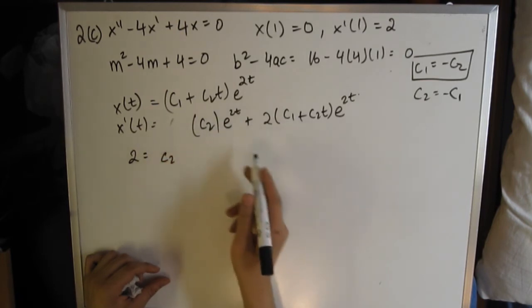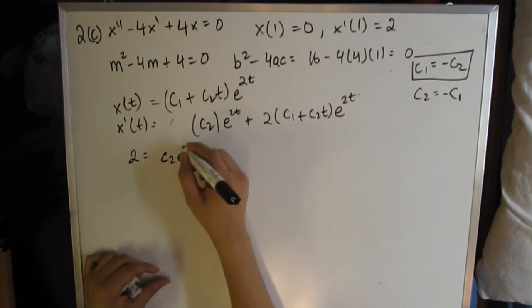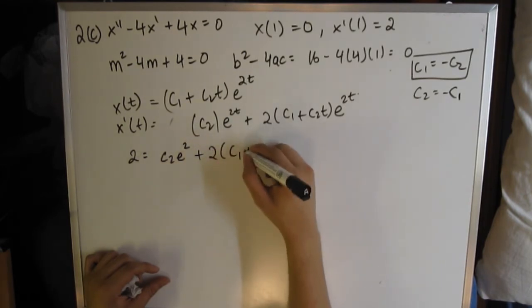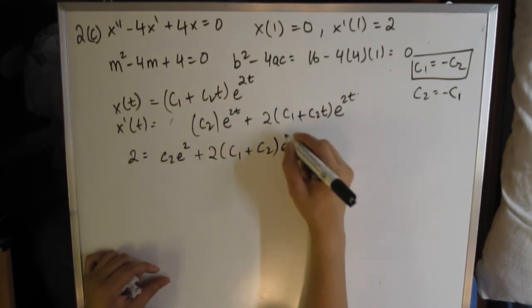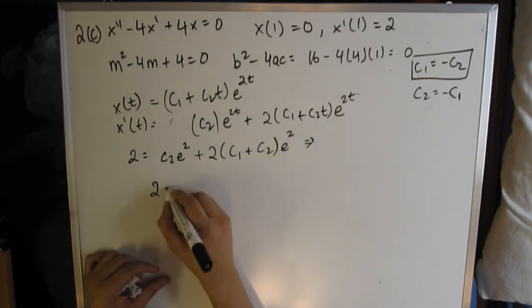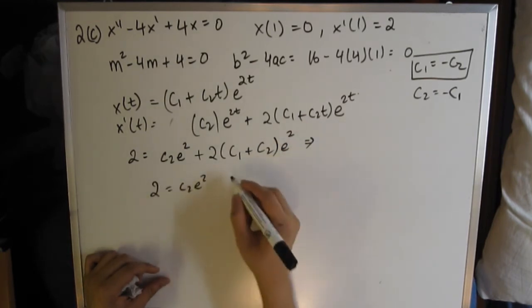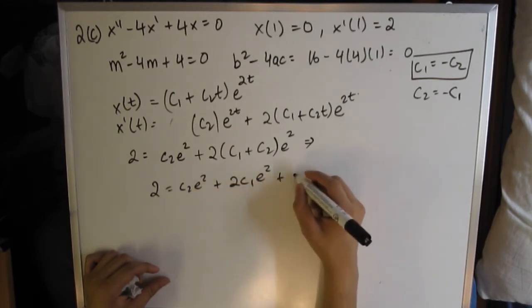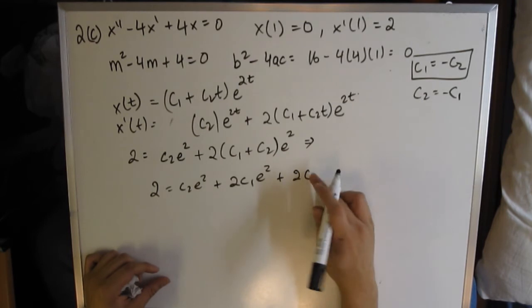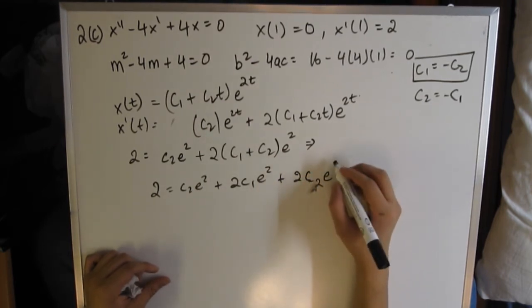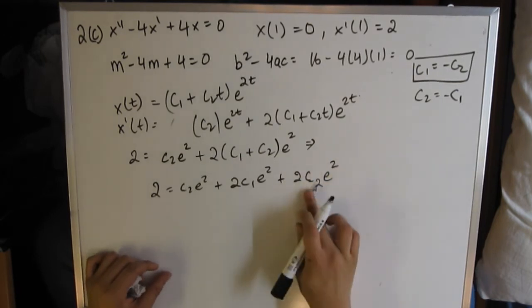And c2 e squared plus 2 times c1 plus c2 times e squared, which means 2 c2 e squared plus 2 c1 e squared is your equation.